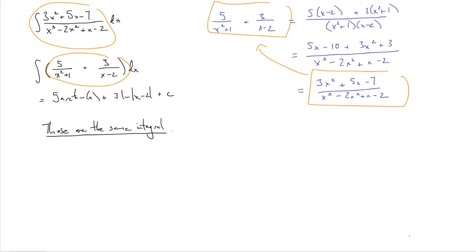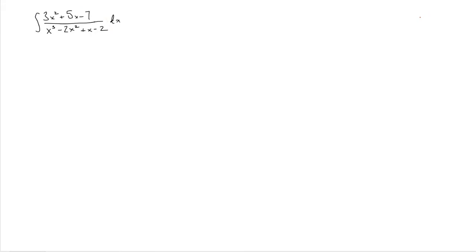Some algebra that you can do to make some integral easier to handle. Okay, so we're starting with the integral of this rational expression. And before we do any calculus, off to the side, or in this case underneath, we're going to do some algebra to try to rewrite that rational expression into some form that will be easier to integrate.